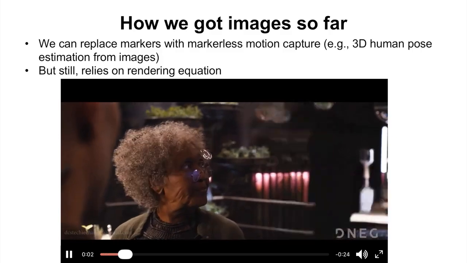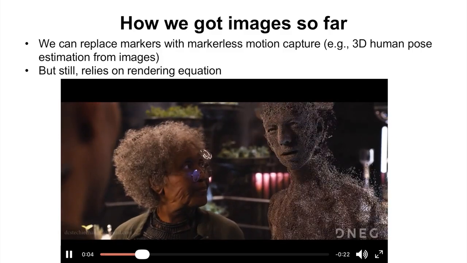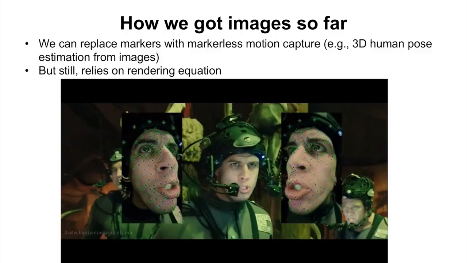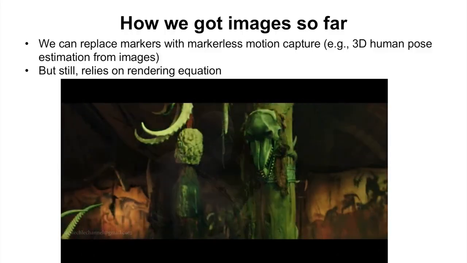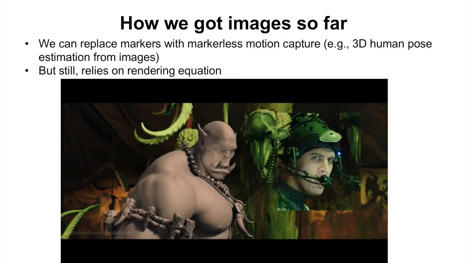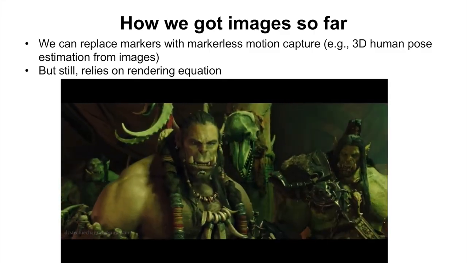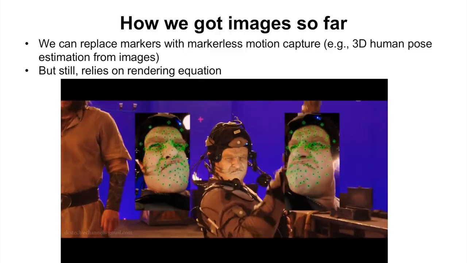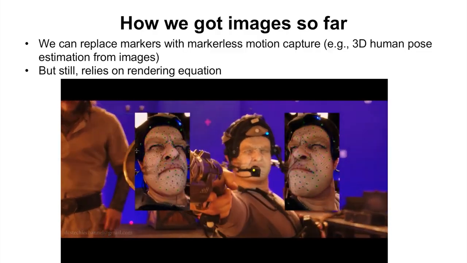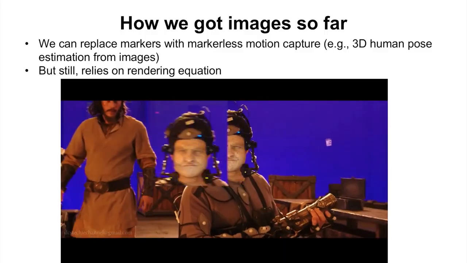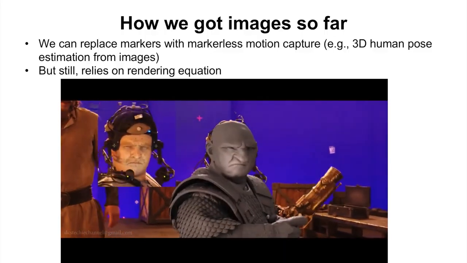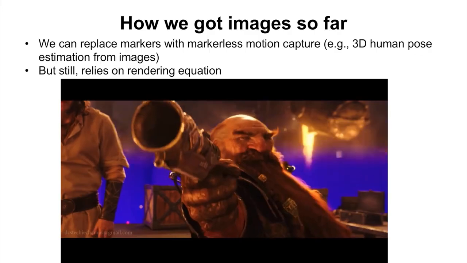Using this kind of computer graphics technique, even these days we use it in many places. In AAA movies and AAA video games, all these virtual characters are rendered with the rendering equation. Of course, here are many markers on the actor, but we can replace markers with markerless motion capture, for example, using 3D pose estimation from images.